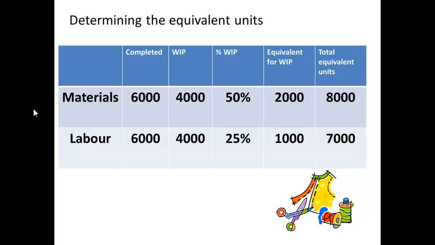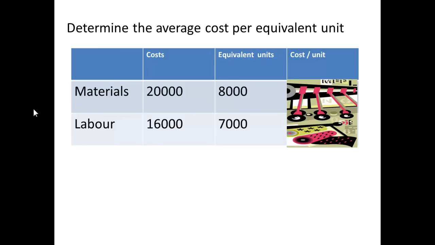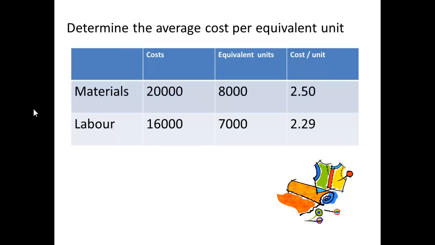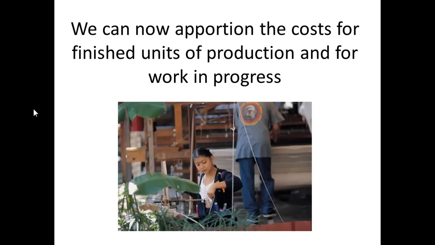So my total equivalent units are 8,000 for materials and 7,000 for labour. I now need to determine the average cost per equivalent unit. I have 8,000 equivalent units with 20,000 costs for material and 7,000 equivalent units for 16,000 costs for labour, which works out at £2.50 a unit for materials and £2.29 per unit for labour.